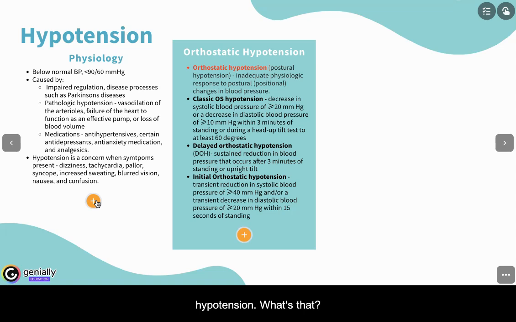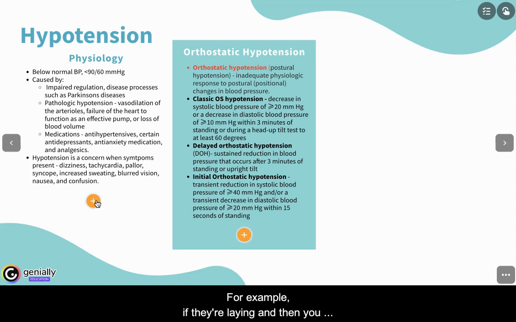Orthostatic hypotension, what's that? That's postural hypotension. Like we said, when the patient changes positions from laying to sitting or sitting to standing. This is an inadequate physiological response to positional changes in the blood pressure. Classic orthostatic hypotension is a decrease in systolic blood pressure greater than 20 or a decrease in diastolic of greater than 10 within 3 minutes of standing, during a head-up tilt test at 60 degrees.